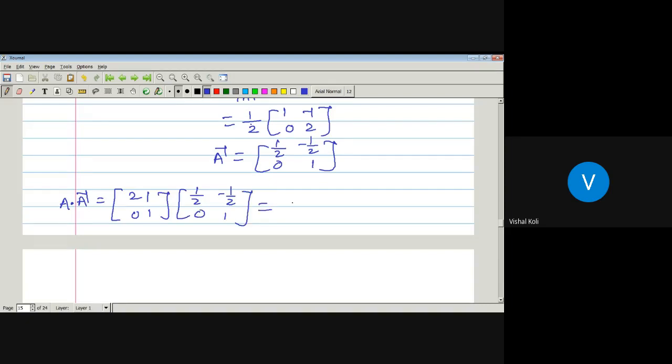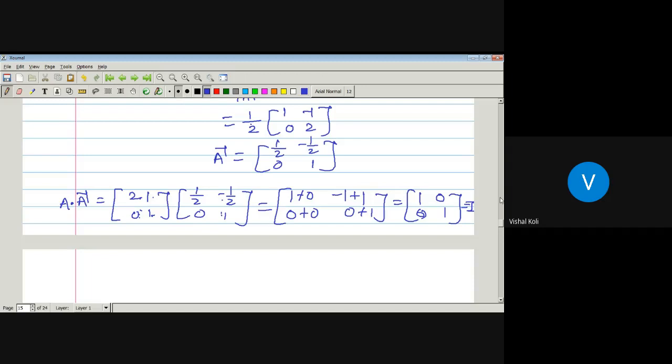First, 2 into 1 by 2 is 1, 1 into 0 is 0, 2 into minus 1 by 2 is minus 1, 1 into 1 is 1, so minus 1 plus 1 is 0. 0 into 1 by 2 is 0, 1 into 0 is 0, 0 into minus 1 by 2 is 0, 1 into 1 is 1. So here we get A into A inverse equal to an identity matrix.